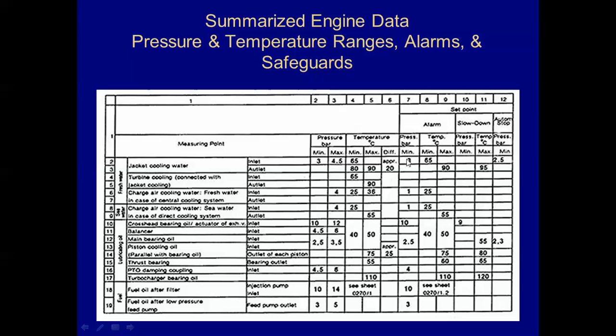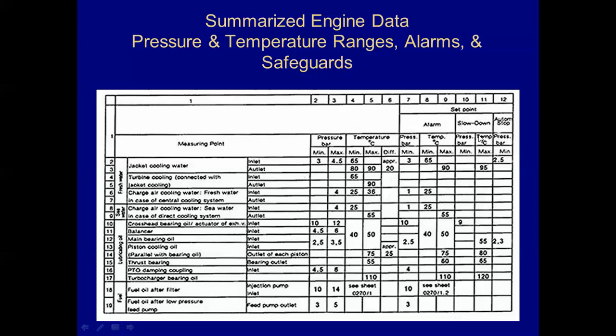And the alarm will go off if you are below 3 bar and below, actually this may be 65 degrees C, and the main engine will stop if you go below 2.5 bar.